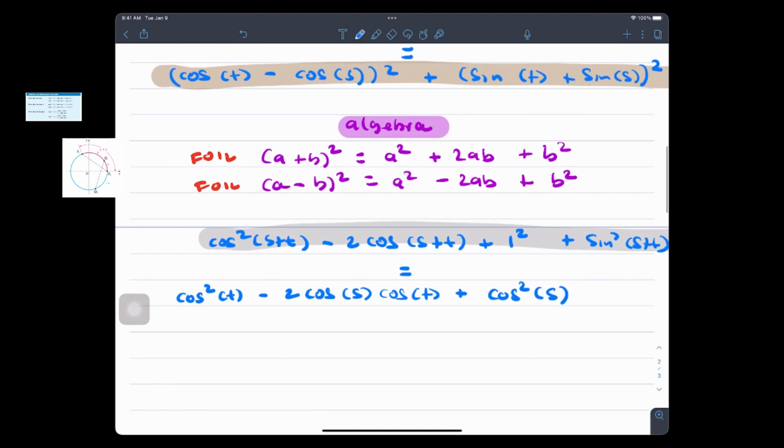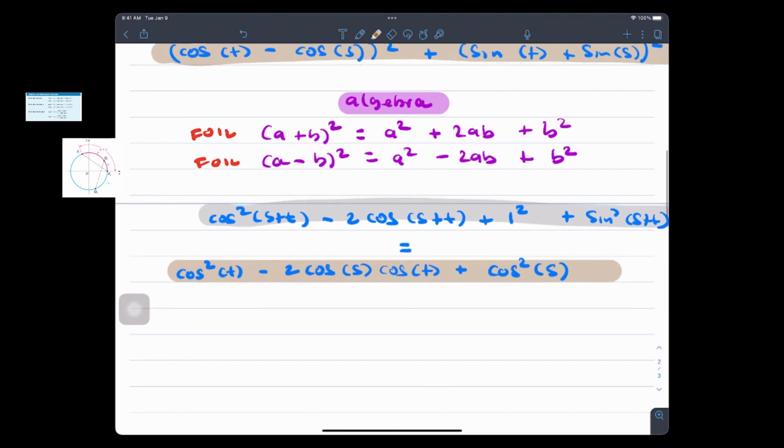I did the first one, so we're going to have to use a couple of rows here. And then here with the s now, this will be plus sine squared t plus 2 sine s sine t plus sine squared s.